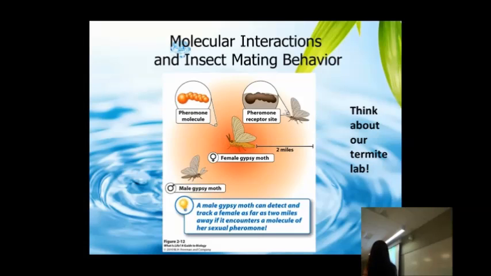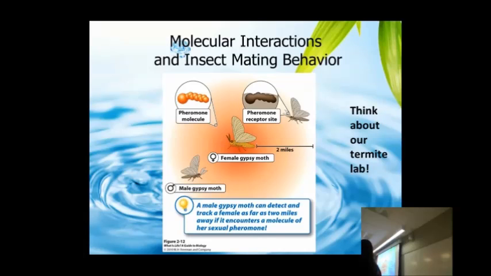In this case, the pheromones could reach 2 miles around the radius of this female gypsy moth. So they can detect these females from as far away as 2 miles just because of her sexual pheromones. It'd be pretty sad if you were that lonely gypsy moth that was more than 2 miles away from the males, because you'd never get any visitors.